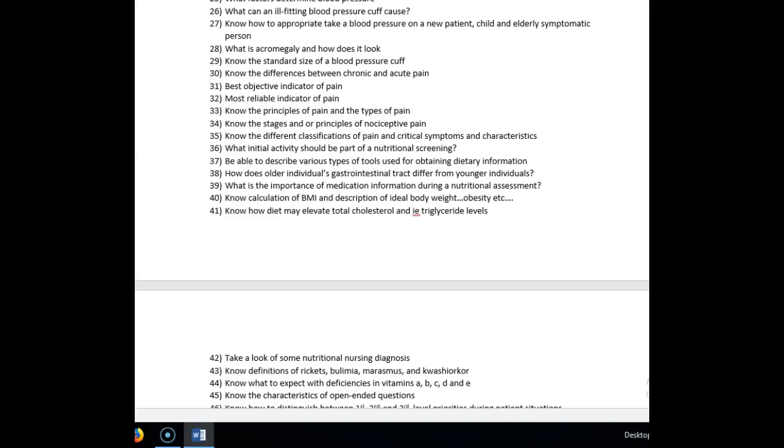If a person is having financial problems, that could affect their whole diet or how they eat. I did already tell you about obesity and knowing the different things about obesity, right?